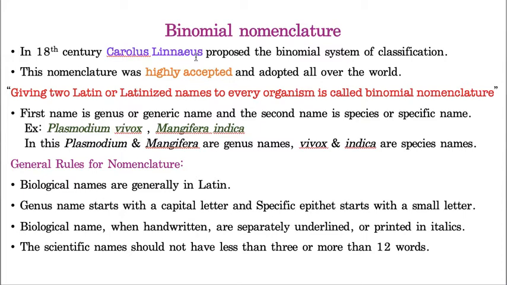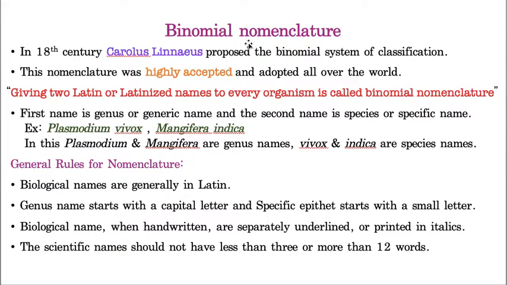He cannot frame or chalk out his own rules. Hope you understand. And as I clearly mentioned, binomial nomenclature is highly accepted right now. Whenever a taxonomist identifies a new individual and wants to name it, he obviously has to follow binomial nomenclature only. That's why it is the highly accepted type of nomenclature.